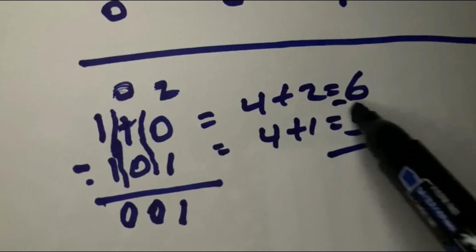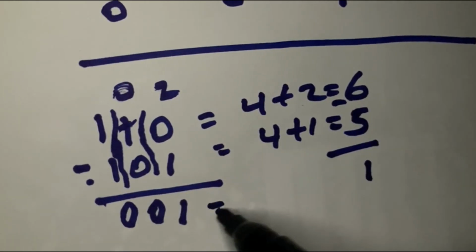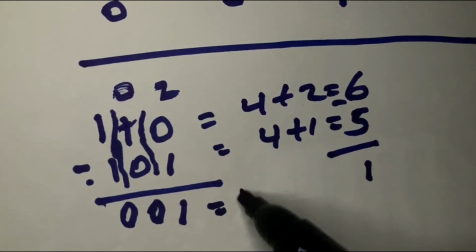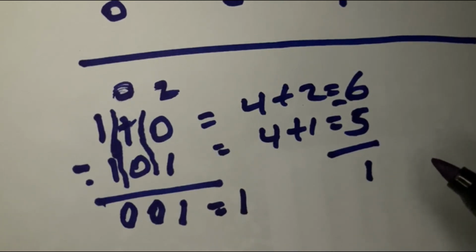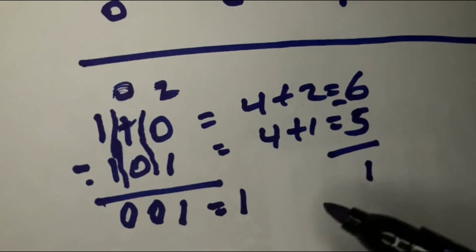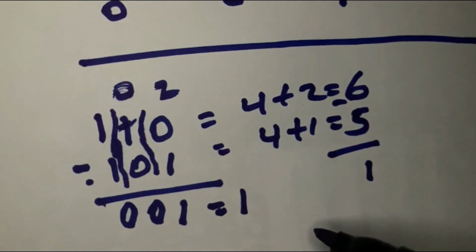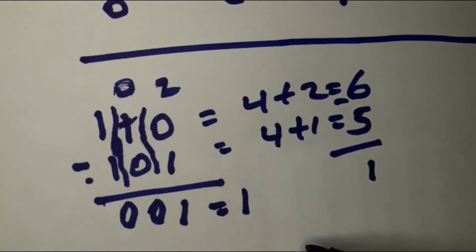So 6 minus 5 is 1, and the 001 binary digit is 1. If you want to know how to change a binary digit to a decimal number, you can see my previous video. Okay, so this is the first example we do.